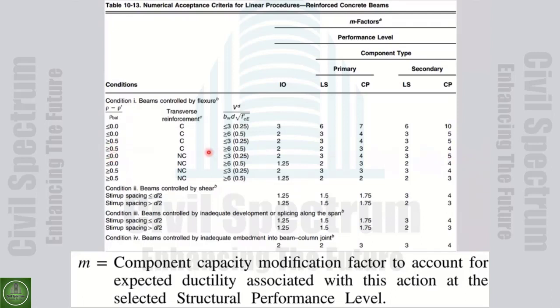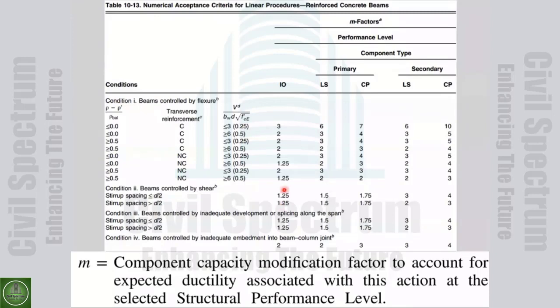They make our life so simple: for whatever situation the elements in the building have, we have the acceptance criteria for those deformation control parameters. They depend on the condition of the elements and on the selected performance level. So, nicely and very complete.